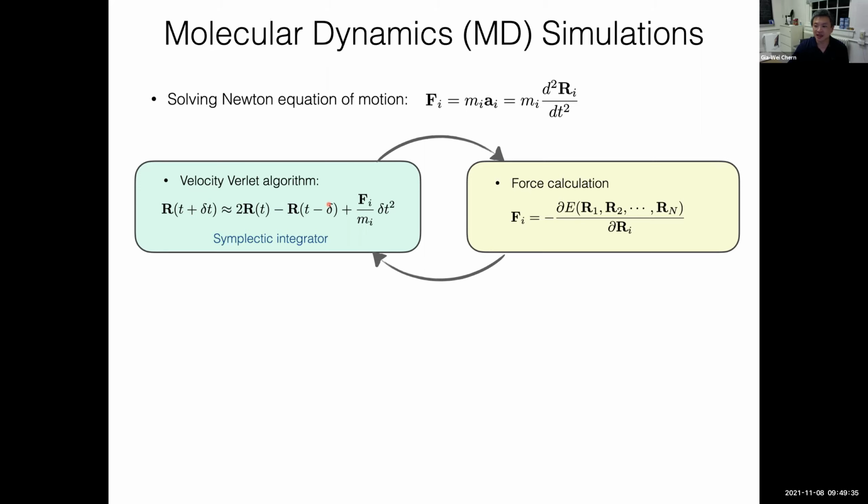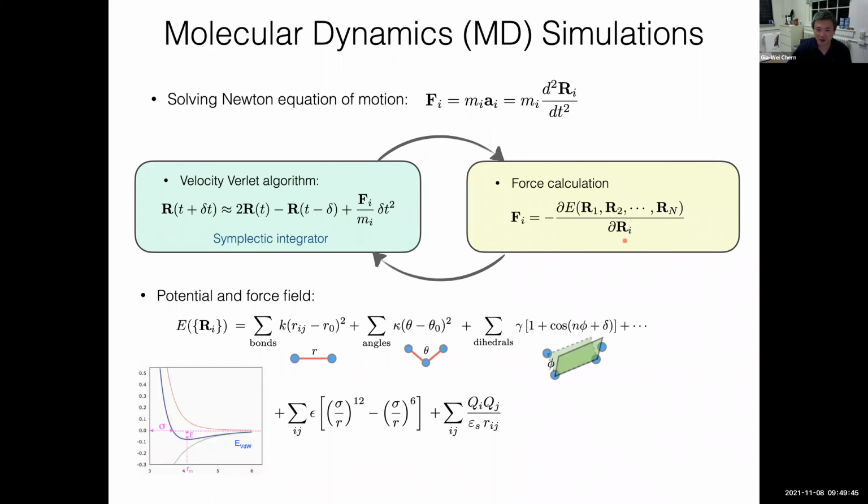But similar to the Monte Carlo simulation, the most important part is the calculation of the force. For so-called classical MD simulations, the force is computed from the derivative of some empirical energy, E. In this empirical energy, you have, for example, this term which constrains the bond length, and this term which constrains the bond angle or the dihedral angle.